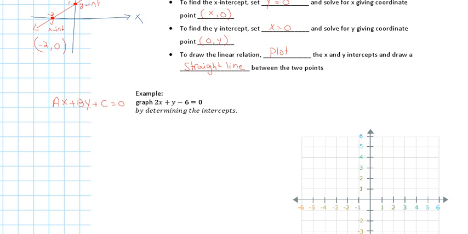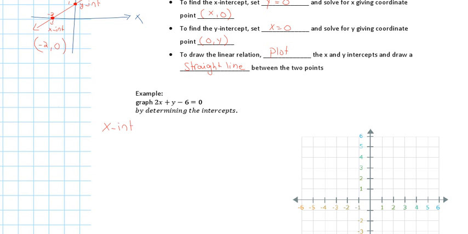That looks like a linear function. Okay. Now, we're going to have to draw this one. To draw it, they want me to find the intercepts. Okay? So first, let's find the x-intercept. So to find the x-intercept, what do I have to do?